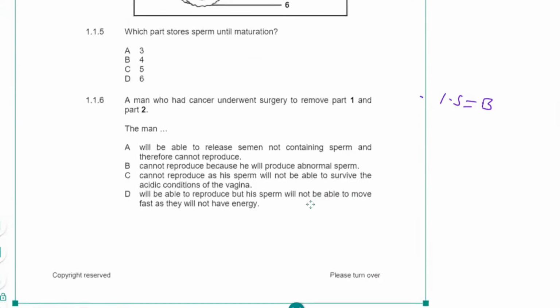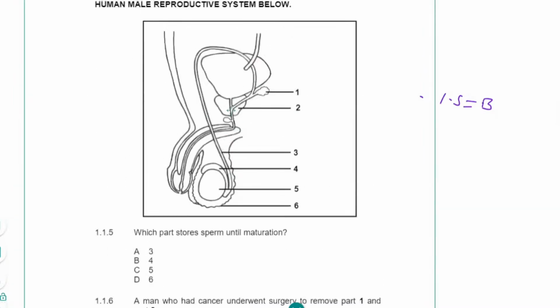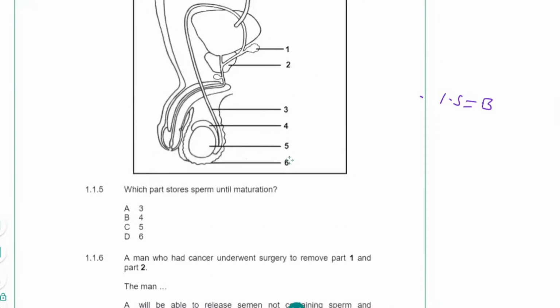The second option is: cannot reproduce because this person will produce abnormal sperms. How will sperms be abnormal? Because this is not about development of sperms. Part 1 and part 2 are not about development of sperms.